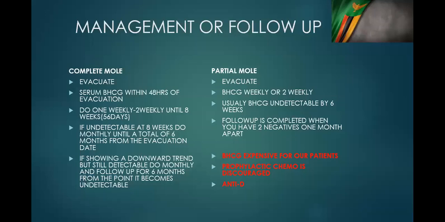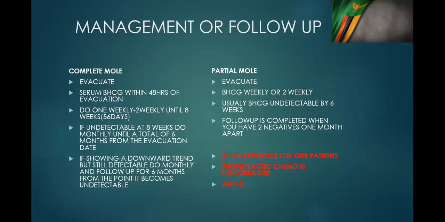So what you want to see is that this beta HCG, whether you are doing it weekly, 2 weekly, or monthly, when you reach that critical point, which is the 8 weeks point, you want to see that these beta HCG levels are going down. And going down means that they are going down at least by 10% every time you measure the beta HCG.